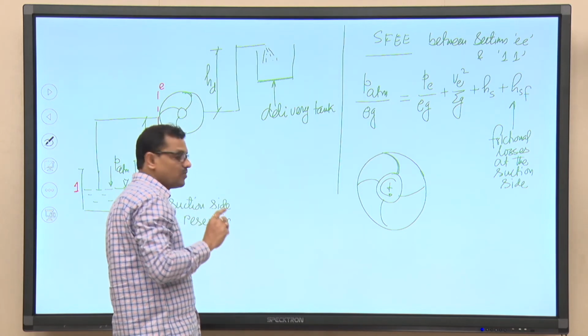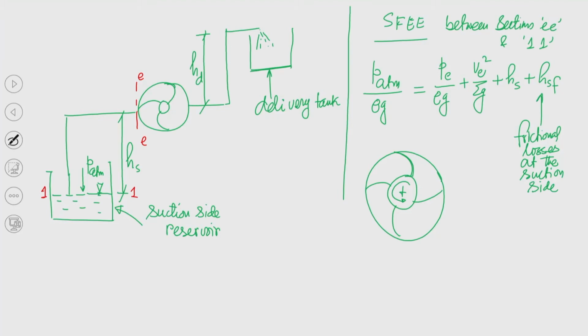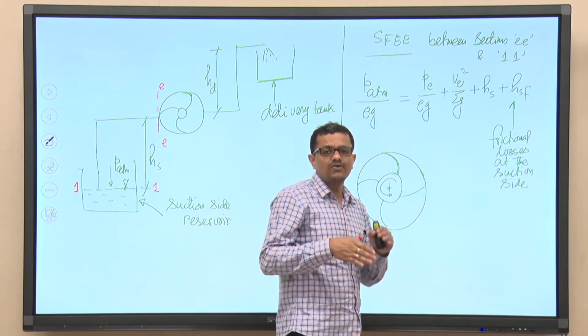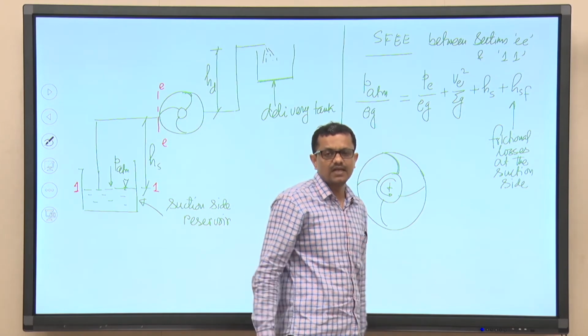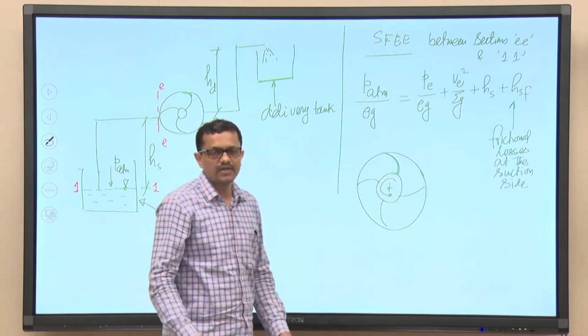So we should be careful that when the liquid is approaching this leading edge of the pump vane at the inlet, up to that location the pressure should not be allowed to fall below the vapor pressure. If it falls, definitely we cannot have any option, cavitation will start.